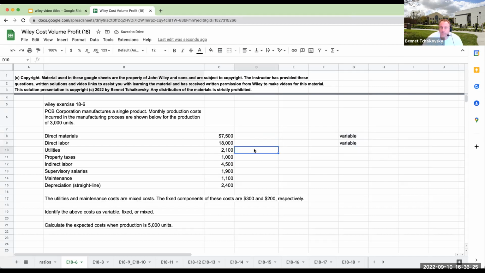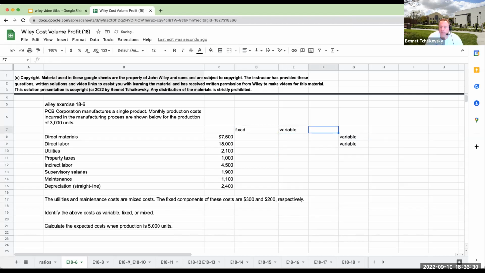The fixed component of utilities is 300. That must mean that the variable cost here is going to be 1,800, and of course this is going to be a mixed cost.